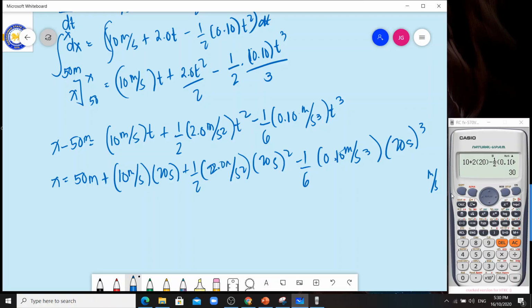Okay. Now, calculate natin. That is 50 plus 10 times 20 plus 1 half times 2 times 20 squared minus 1 over 6 times 0.10 times 20 cube. Okay. So, ang sagot is 516.